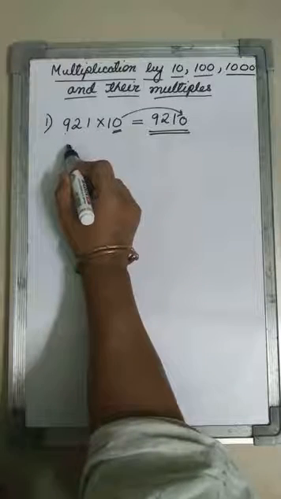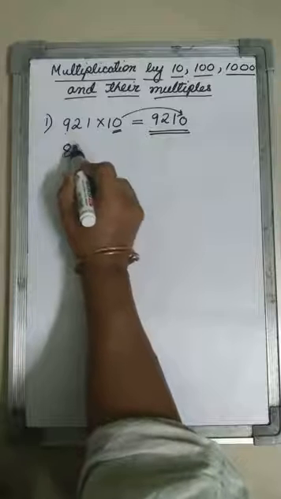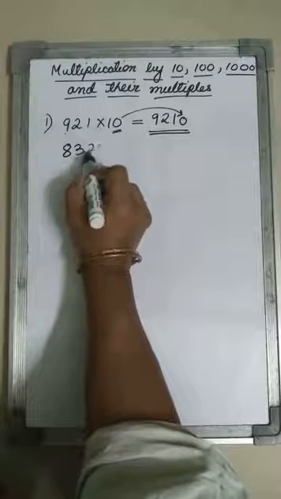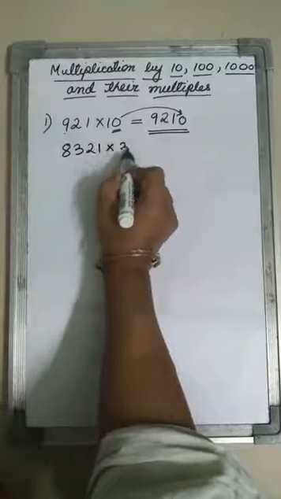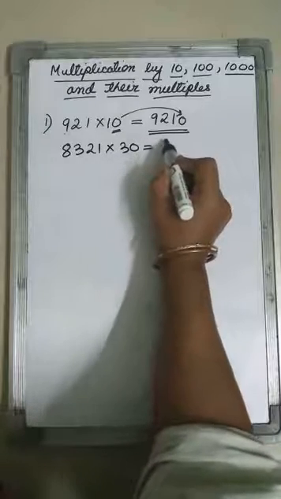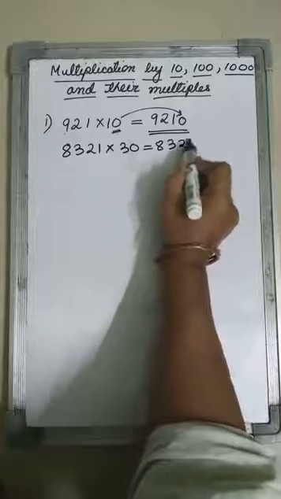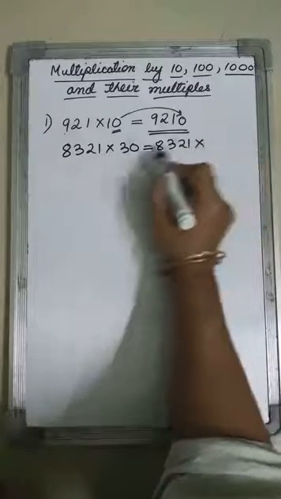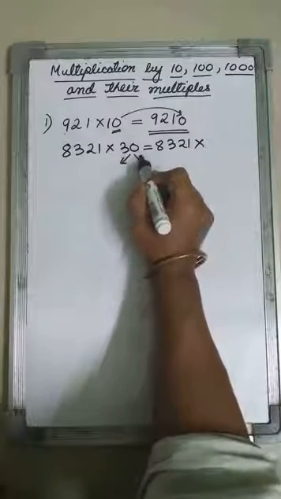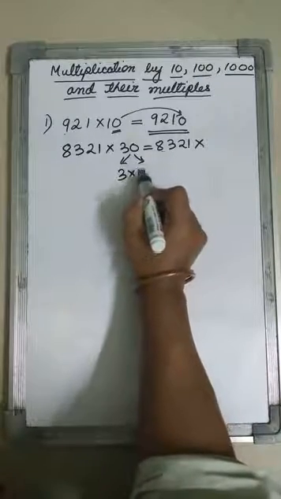So if I multiply 8321 into, suppose, 30, how am I going to write it? 8321 into 30. I can write it as 3 into 10.